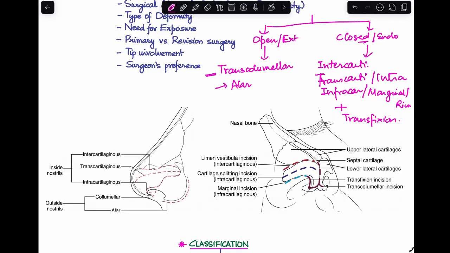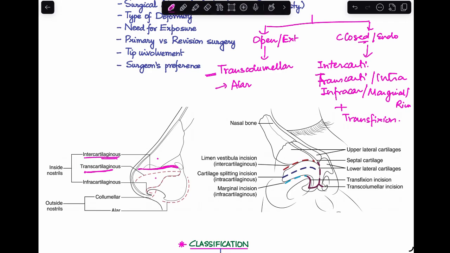So let's first look at each one of these incisions in the image and then we'll talk about each one of them. If you look at the image over here, our first incision is the intercartilaginous incision, which means we are giving it in between two cartilages, the upper lateral cartilage and the lower lateral cartilage. Then is the transcartilaginous incision.